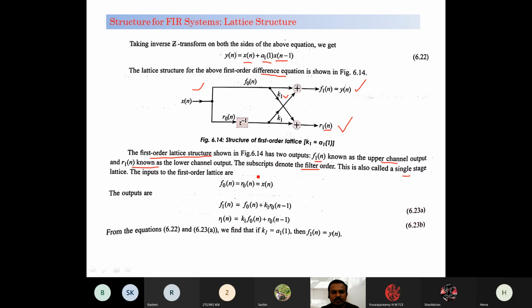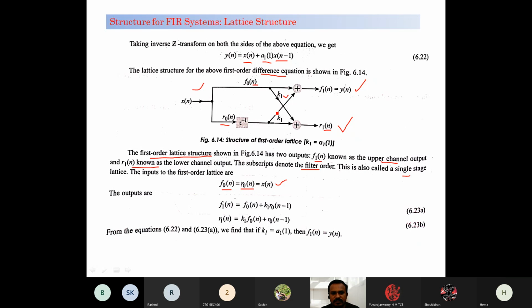Looking at this structure, you can define the inputs: the upper channel has the input f0(n), and the lower channel has the input r0(n). Both f0(n) and r0(n) are the original input x(n).